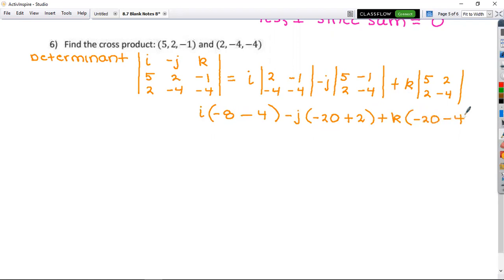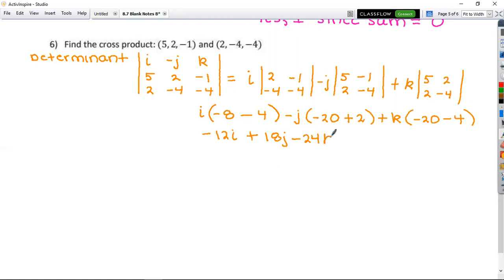And again, just pay attention to how these answers are going to get typed in. This one I didn't specify, so I'll give you both. So this would give me a negative 12i, and then plus, because double negative, this would be negative 18 times the j would be plus 18j. And then my last one here would be a negative 24, so I would go minus 24k.